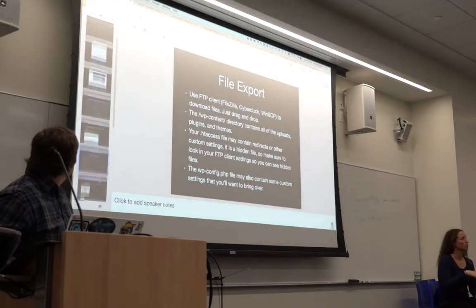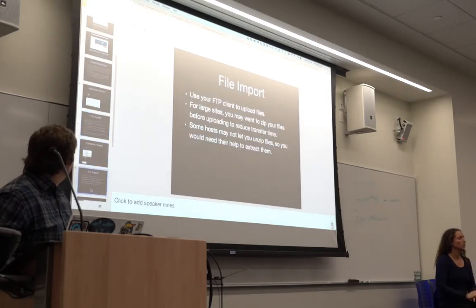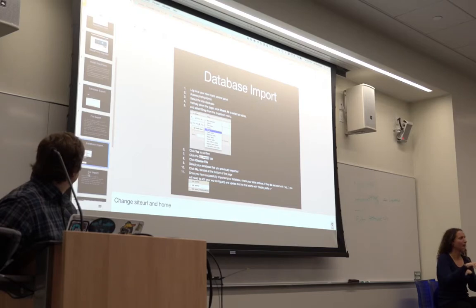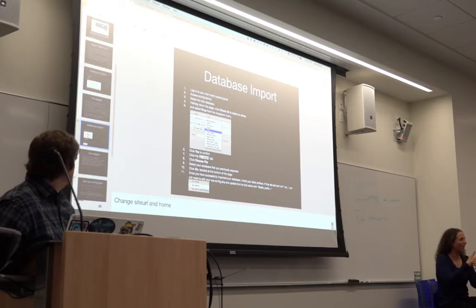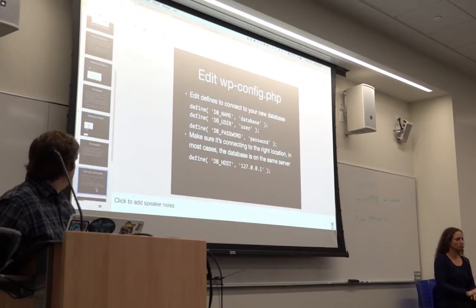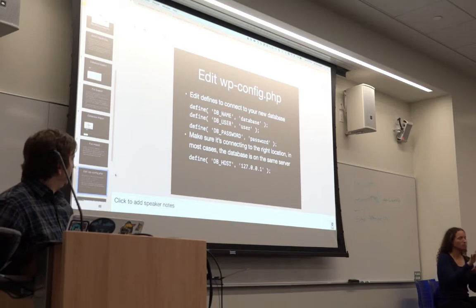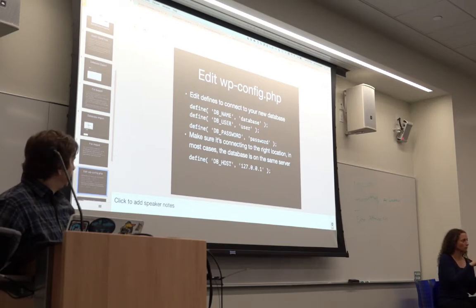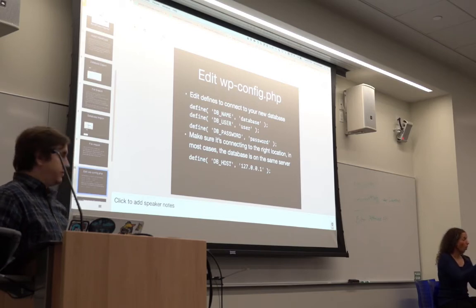So file export, we did the database import, we did the file import, and that's all stuff we had done. You click the import tab. We talked about editing the WP config, how these are very important. These are your database credentials. Also, there was another thing called dbhost. dbhost is the actual server.